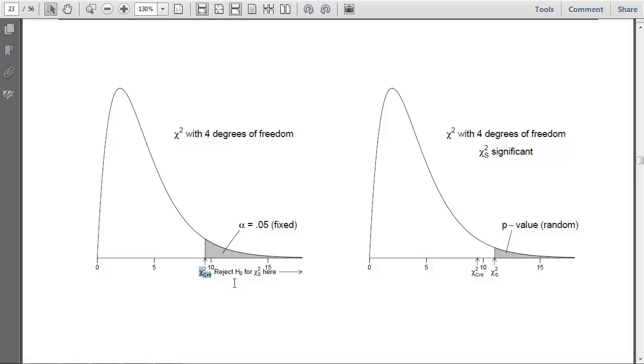The shape of this distribution depends on the degrees of freedom, and the degrees of freedom depends on how many categories; it's one fewer than the number of categories. So we had 7 categories in the jury example, so our degrees of freedom will be 7 minus 1 equals 6. So the amount of skewness depends on the degrees of freedom.